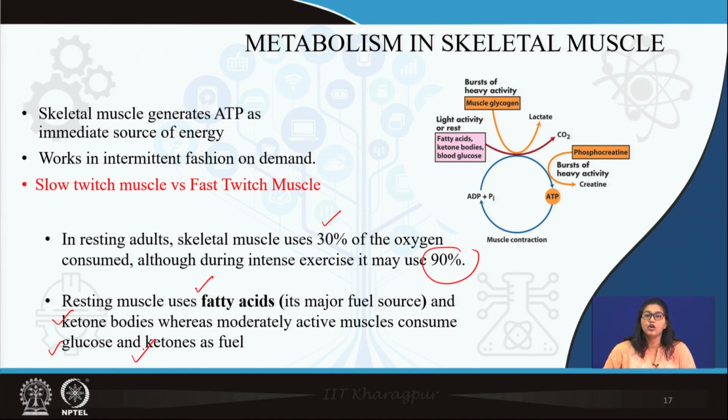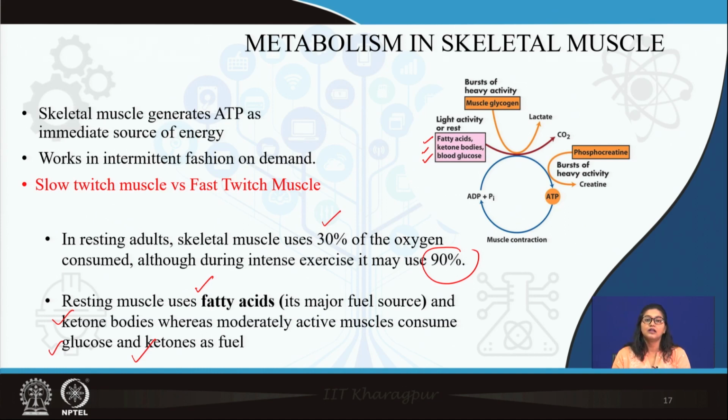Now you can see that when there is light activity, these are our substrates, but when there is a burst of activity, these substrates are depleted very fast. Not only that, the ATP requirement in fast acting muscle or intense muscular activity can be raised so much that the supply of oxygen or glucose from circulation cannot meet the requirement at par with the intensity of the requirement.